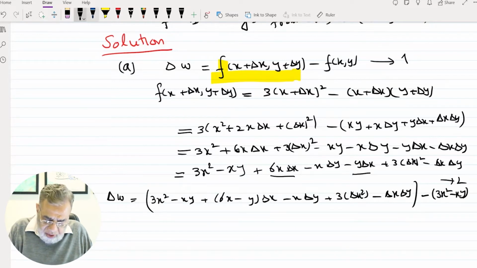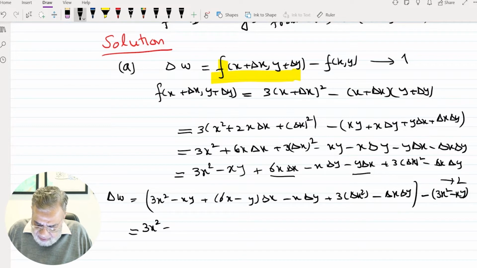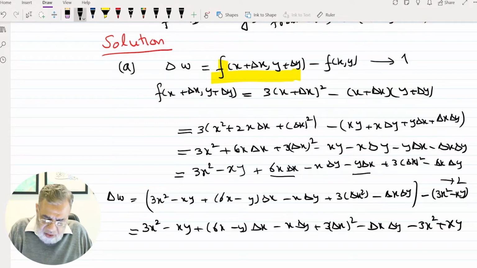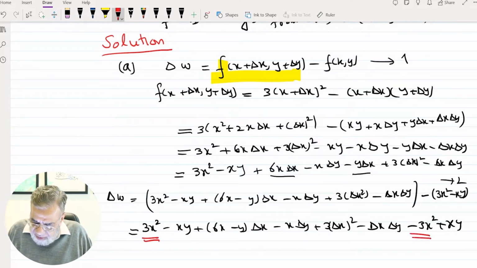So now I just open this one and simplify it. I get 3x squared minus xy plus 6x minus y into delta x minus x delta y plus 3 delta x whole square, and then minus delta x delta y. Here we open it to get minus 3x squared plus xy. It's very interesting to note that we have 3x squared and here minus 3x squared. We have minus xy and here plus xy.